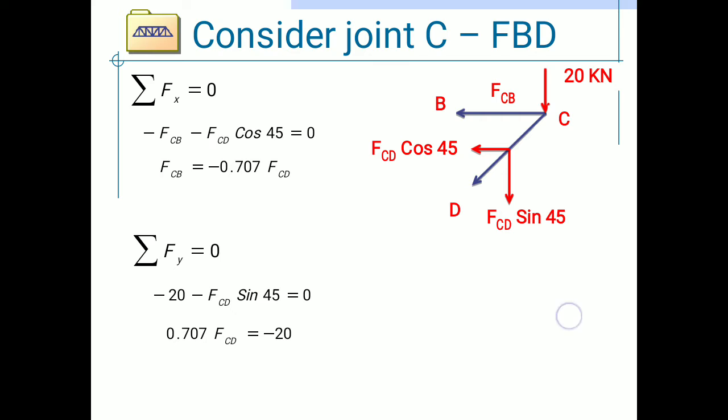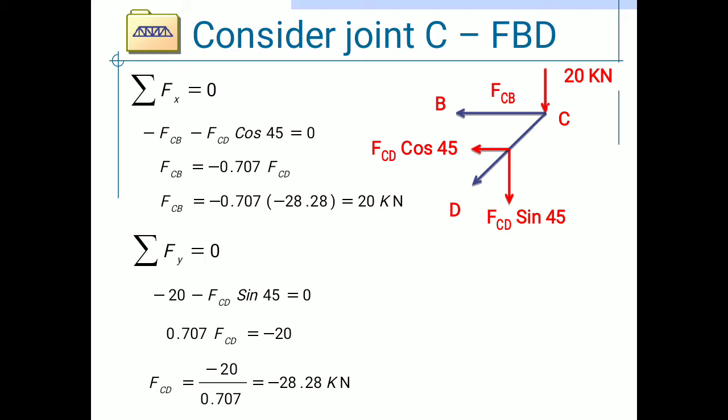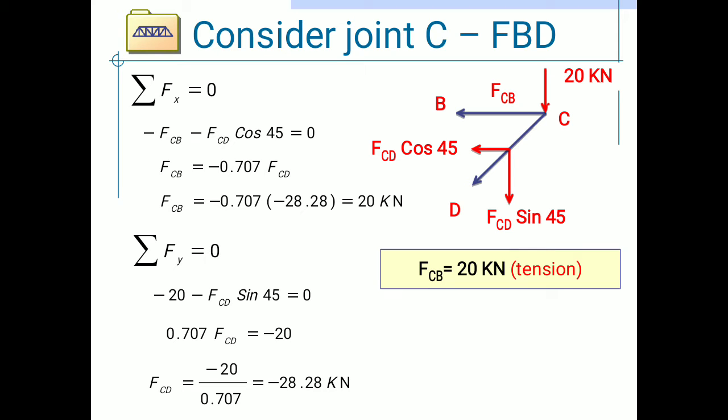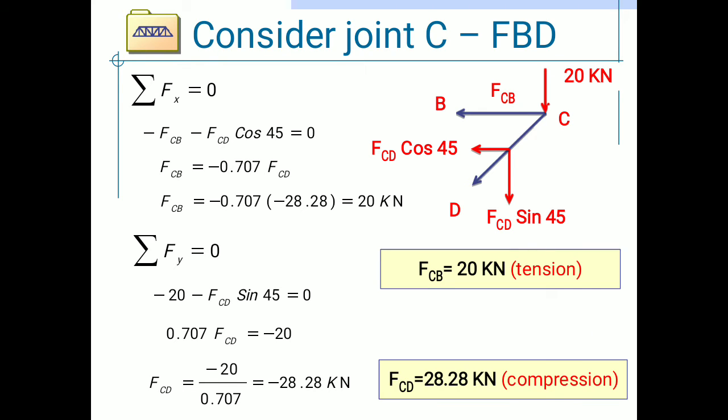By solving this equation, we get FCD equal to minus 28.28 kilonewton. The value of FCD put in the above equation gives the value of FCB, which is 20 kilonewton positive. Therefore, the final forces are: member FCB is 20 kilonewton tension and FCD is 28.28 kilonewton compression.